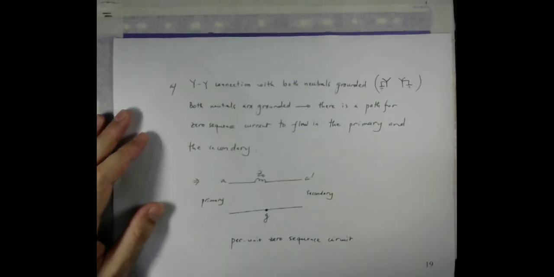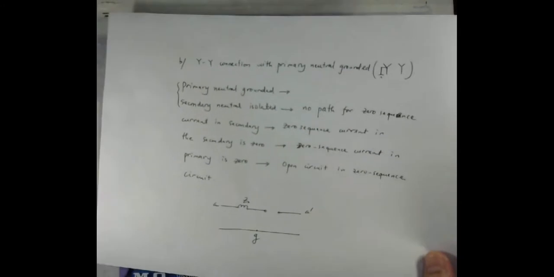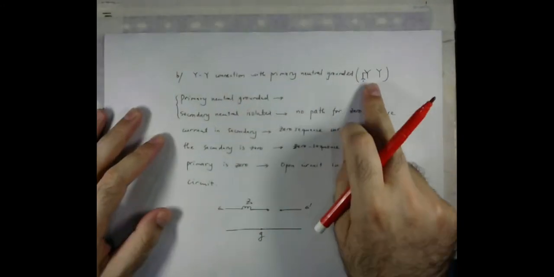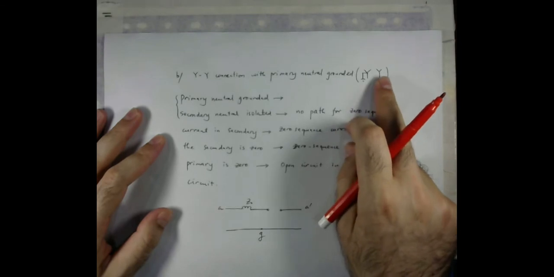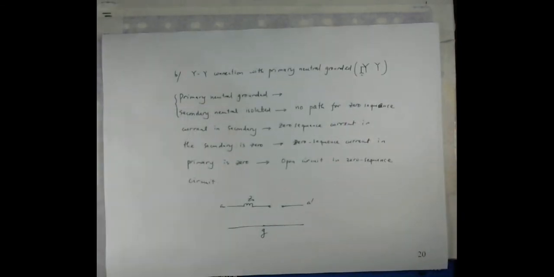The other case is that, let's say, we have a Y connected primary side connected to the ground, but the other side is not connected to the ground. We discussed that even before when we were discussing the Y connected loads, and also the synchronous generators.